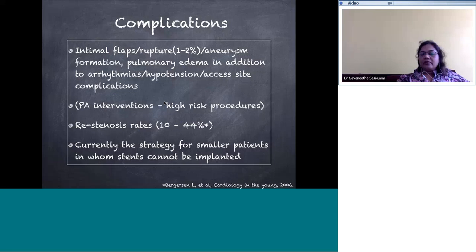And so as I mentioned in the beginning, when do you decide to dilate a PA and when do you decide to stent a PA? So essentially, because of higher reintervention rates and higher complication rates, stenting is a preferred procedure, but then not all patients can be stented. So balloon dilatation is essentially the strategy for smaller patients in whom stents cannot be implanted.